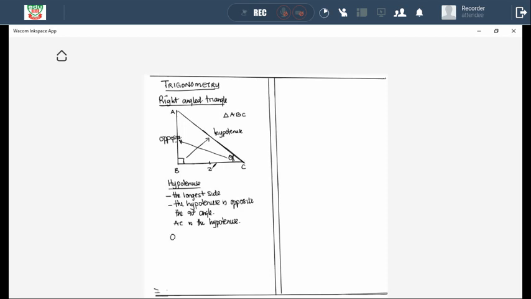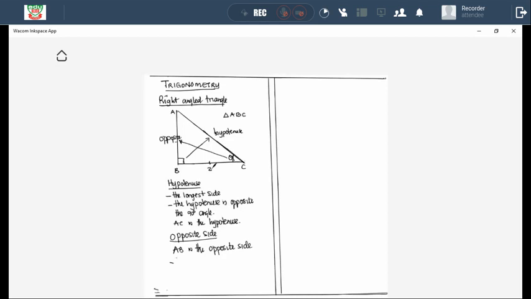So the next side is called the opposite side. Now that's my opposite side. Okay, right. So AB is the opposite. AB is the opposite side.